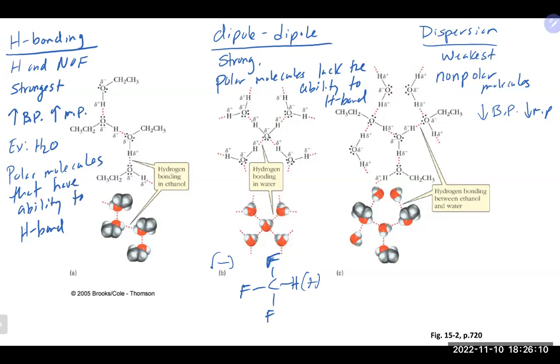Specifically, you have to have these bonds on both molecules. Like the example with ethanol and water, they both have that OH bond, and that's what creates that really strong attractive force between the two, because it's a pretty polar bond given the difference in electronegativity. So it creates a really strong attraction between those.